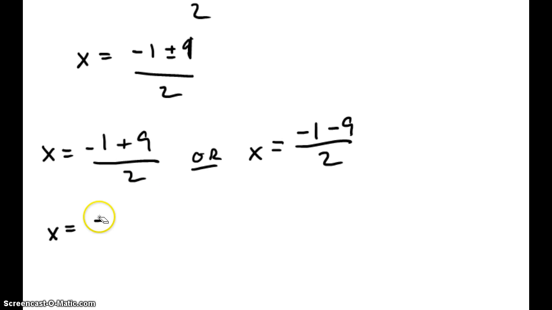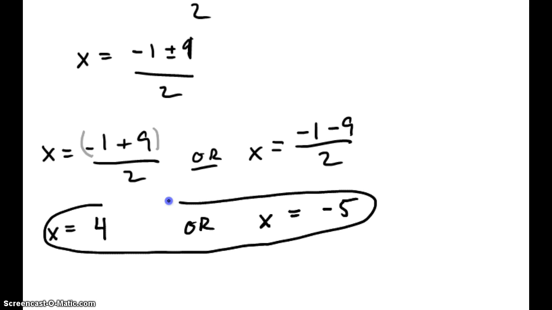X is equal to positive 4. If you plug this in on a calculator, don't forget to put parentheses around this. They're implied parentheses around the top. If I neglect to put them in when I'm putting them into a calculator, it's going to give me the wrong thing. And my other solution is that x is equal to negative 5.